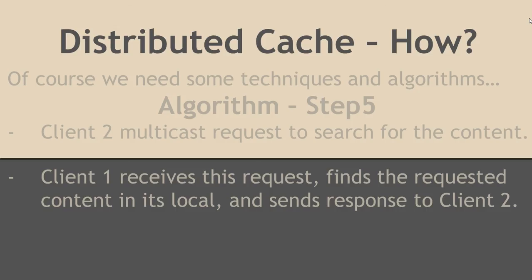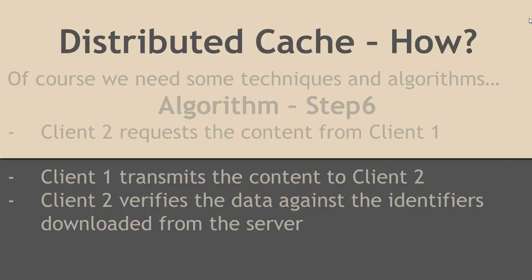Client 1, who already has the data, receives this request and sends a response to client 2 to tell it, hey, I have the data you want, just come. Client 2, once it receives the message, will know that machine has the data it wants, so it will request the content, and client 1 will transmit the data to client 2.